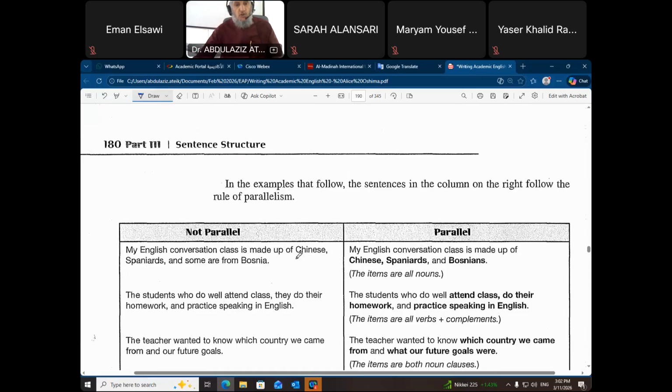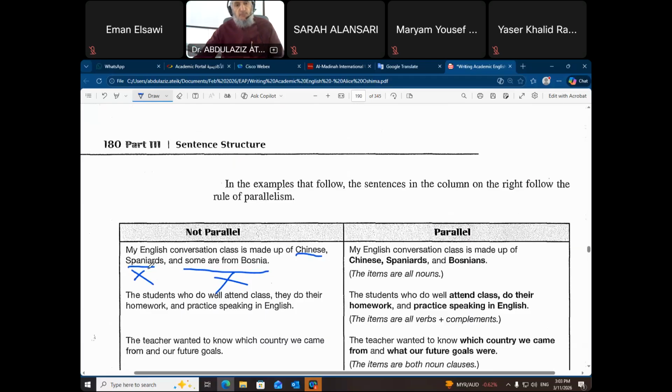This is wrong. Look, my English conversation class is made up of Chinese, Spaniard, and some from Bosnia. This and this are wrong. Why? Because they are not languages. Look at the correction: Chinese, Spaniards, and Bosnians.